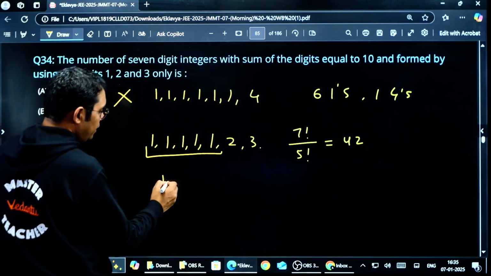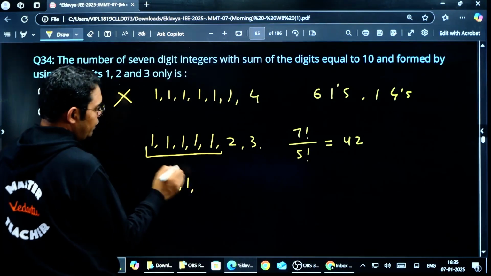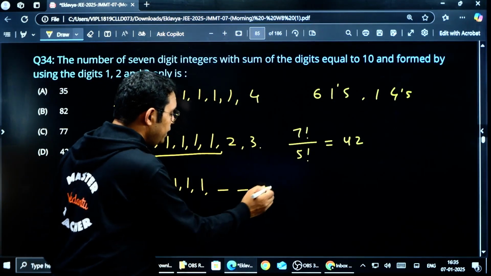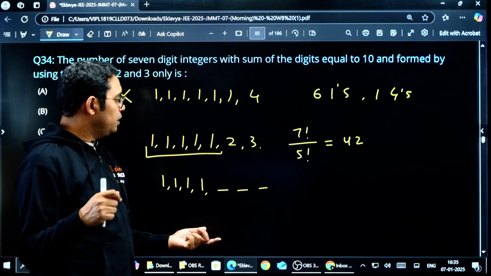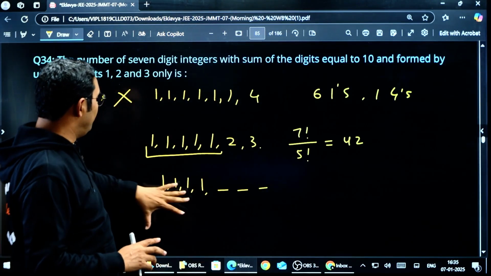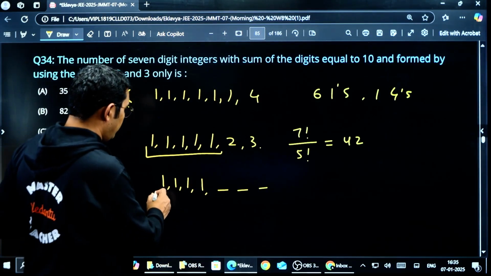Then I can take one more less time, means 1 four times only. Then for the next 3 digits, your sum has to be 6. And that is only possible because 1 we will not use, because we have already taken 4 times 1.